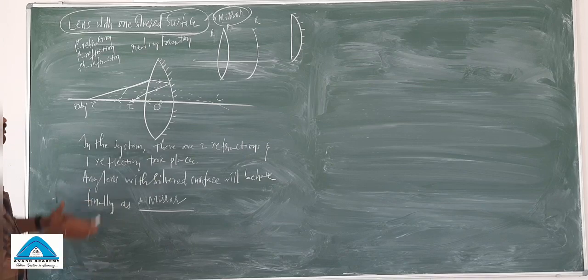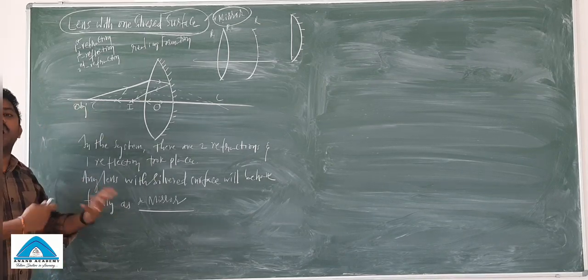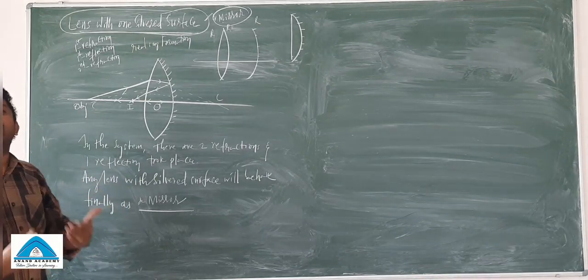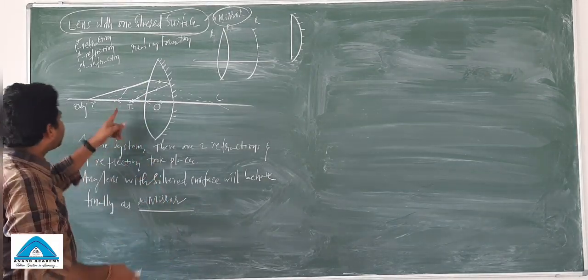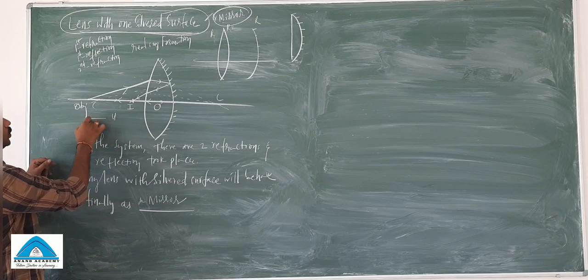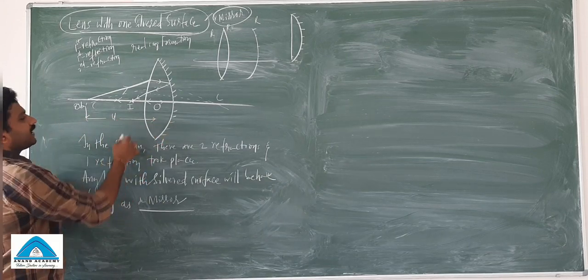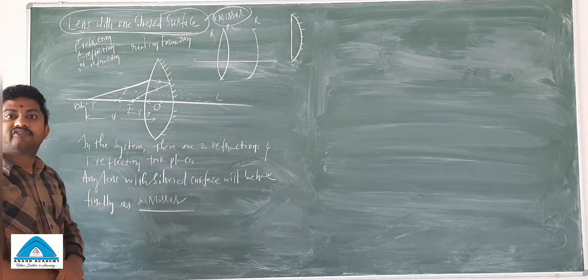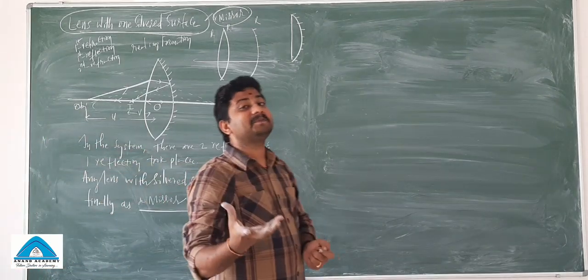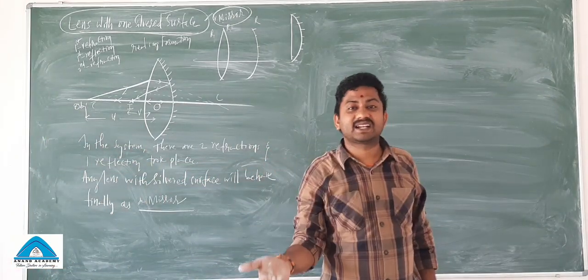Now we are going to find an expression for this. Why? What is the requirement of finding the expression for it? That is important. So there is an object distance here, u. There is an image distance here, v. Focal length of the system. System is equal to a mirror now, right?